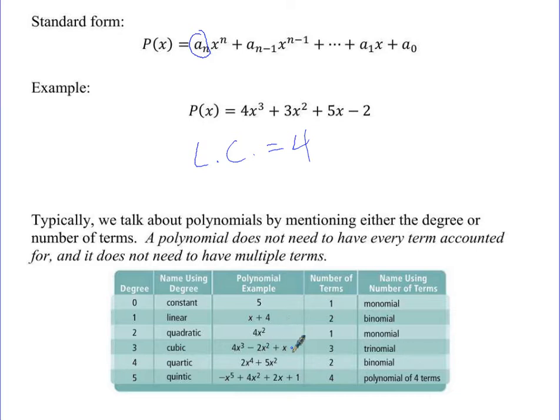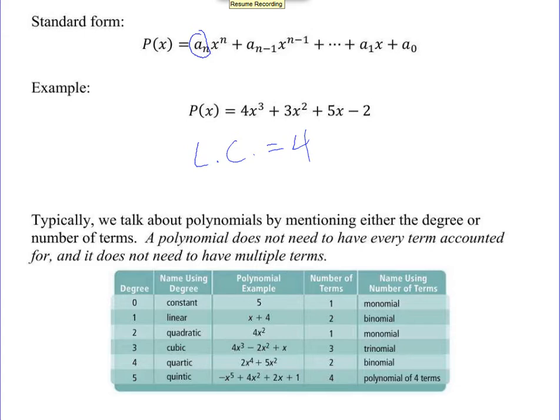A cubic polynomial, notice this time I have 3 terms. But notice, most importantly, that it's a 3rd degree polynomial. That's why it's a cubic. This one only has 2 terms, but the highest degree is 4, so that makes it a 4th degree polynomial, a quartic polynomial. And this one has 1, 2, 3, 4 terms. It's a 5th degree polynomial, which makes it a quintic polynomial.